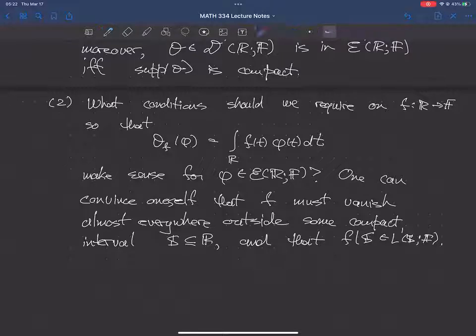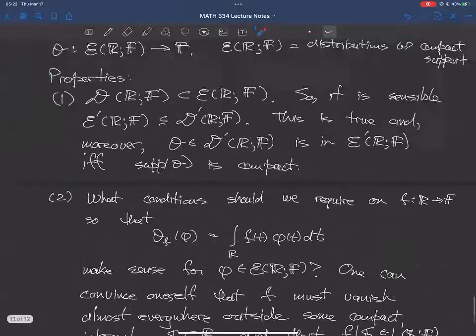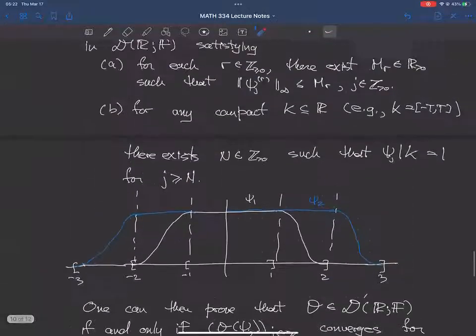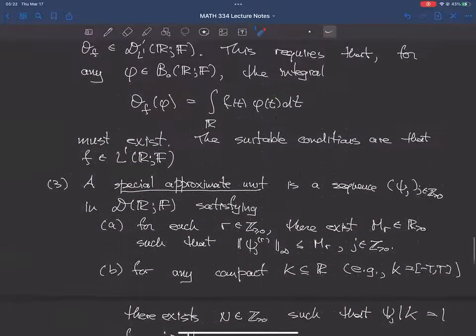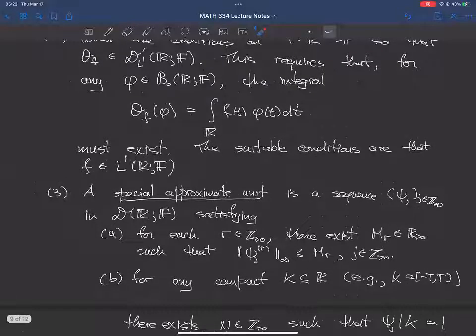For integrable distributions, the natural class of locally integrable functions to work with are those that are in L1.